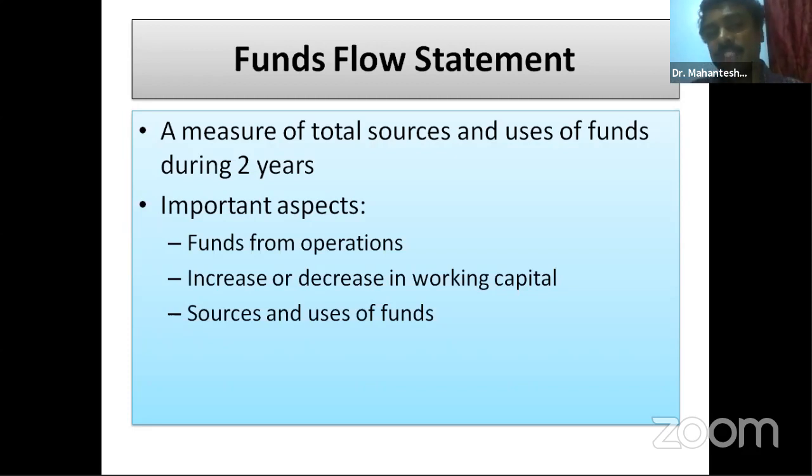Now we have excluded them, so now it is called the adjusted net profit from the pure funds flow concept. Through that we converted the profit into adjusted net profit. Adjusted net profit is what we call funds from operations. This is one very important aspect in the funds flow statement.